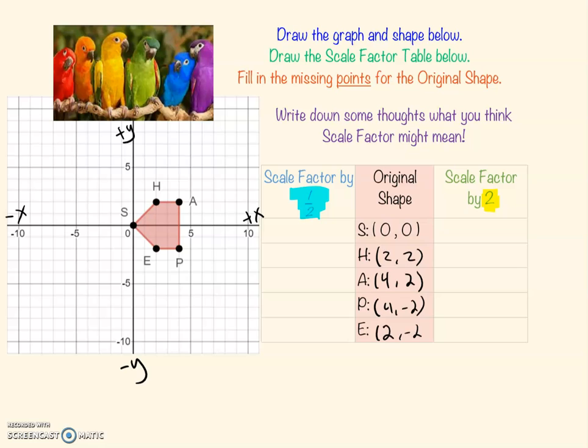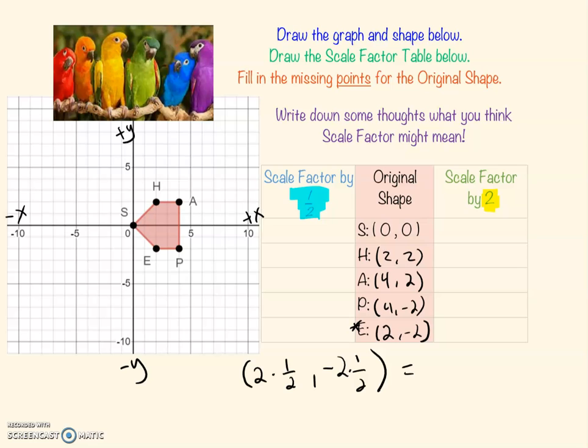1/2. If we're going to make something 1/2 its size, are we making it bigger or are we making it smaller? We're probably making it smaller. So let's look at the E. That's this one way down here. If we're going to say we want 2 times 1/2 and -2 times 1/2, what are we saying?